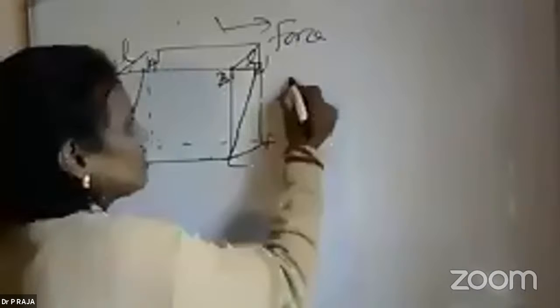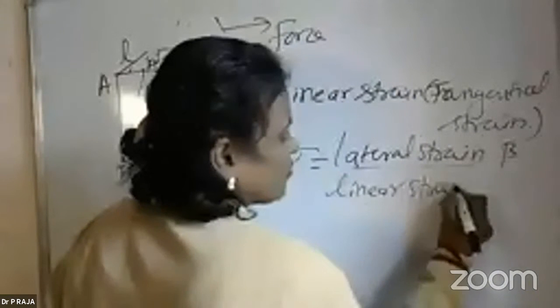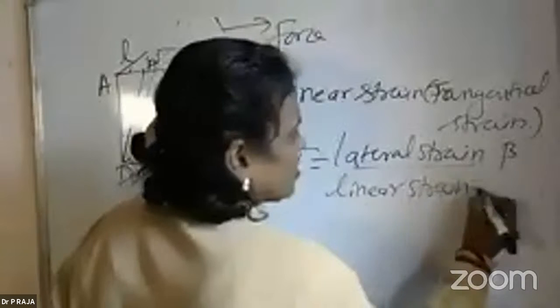Poisson's ratio is nothing but the ratio of the lateral strain, beta, to the linear strain. So it is a tangential strain.